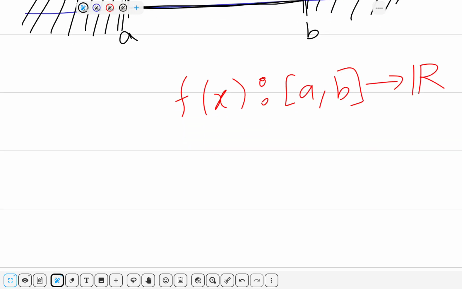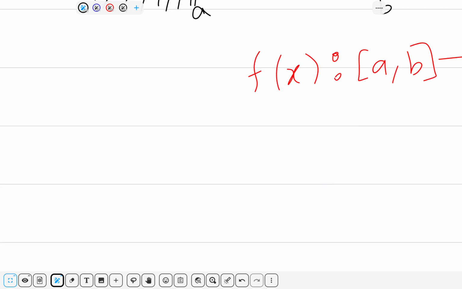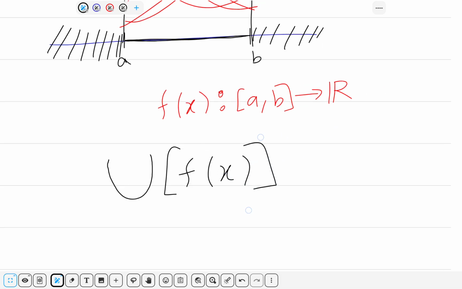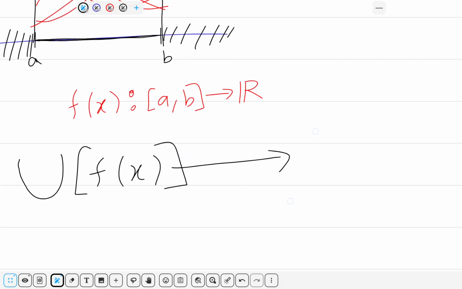Let's say I have a transformation, I will call it u, such that when I apply it on my function, this transformation changes my function to some other function.